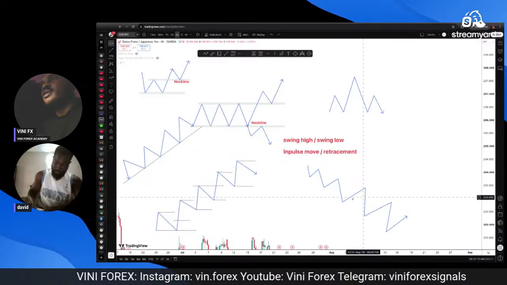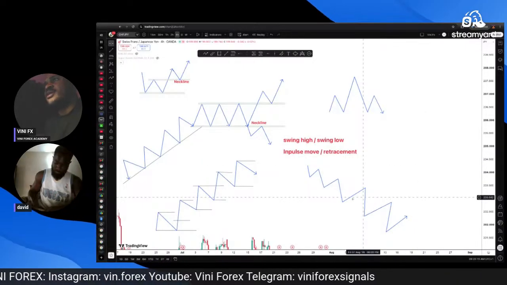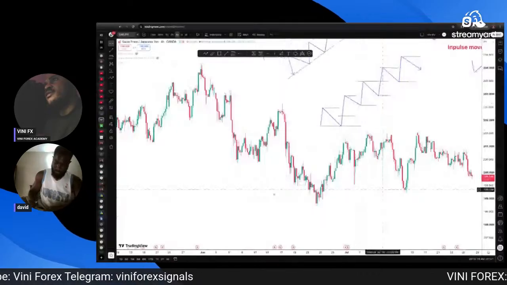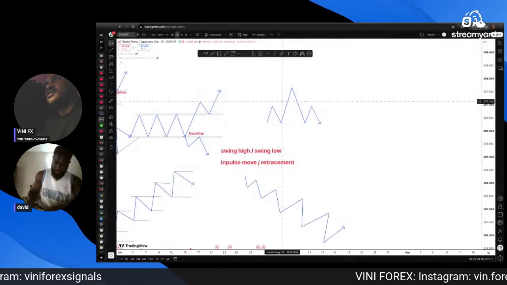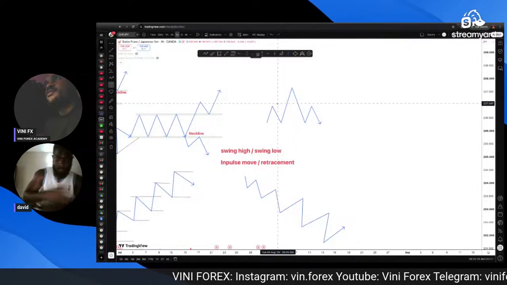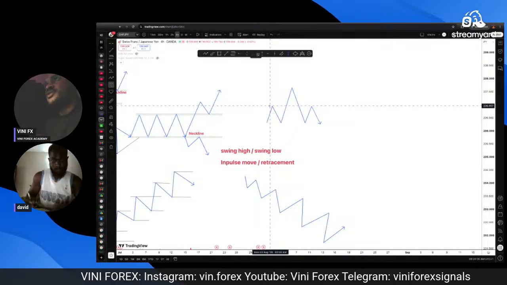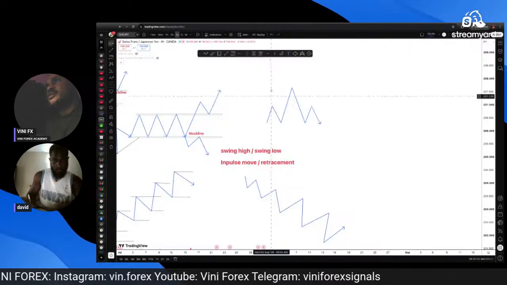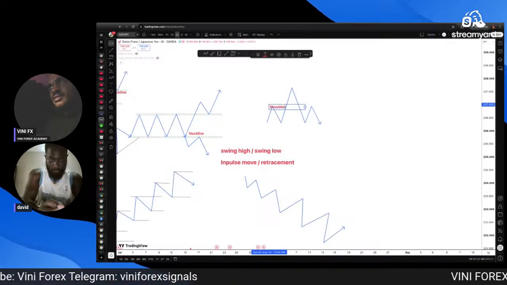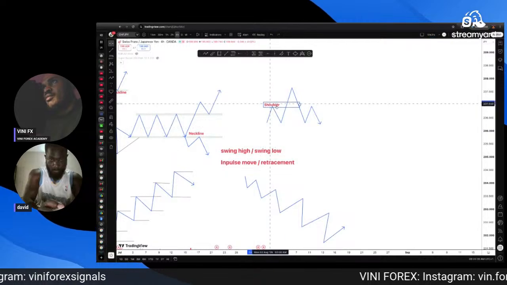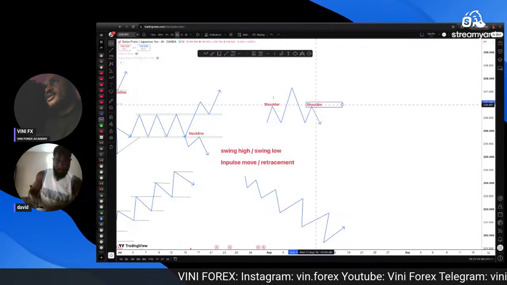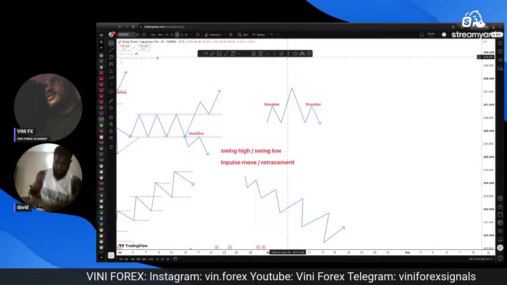Okay, so let's go to the real chart to give you examples of all these things I've just explained. So this is head and shoulder. Let me mark it out for you. This point is the shoulder, and here is the shoulder also, and here is the head.